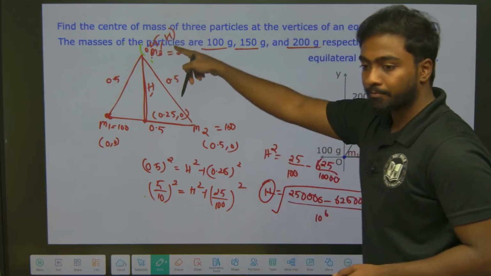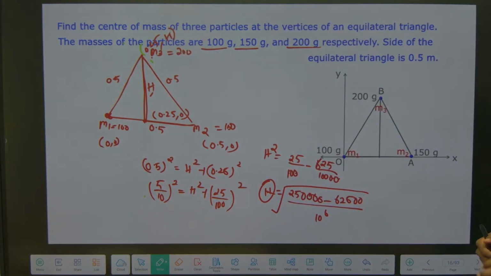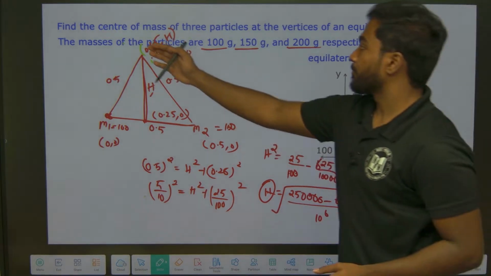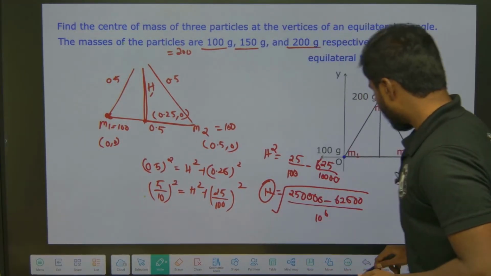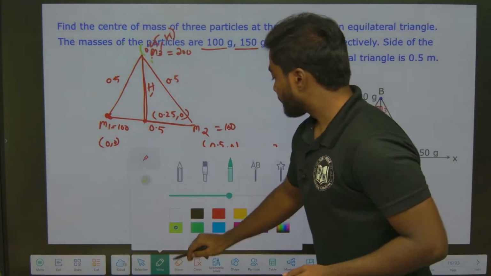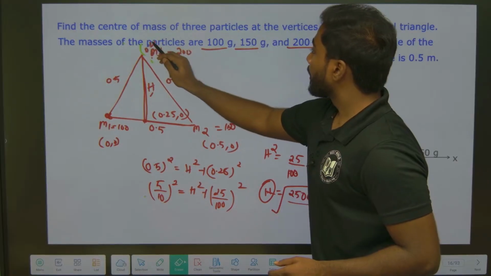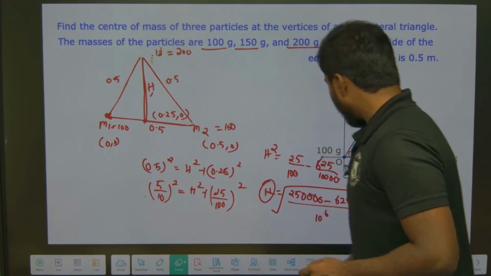After finding this, what we should do? 0.25 comma h, okay, fine. So get the value of h now.